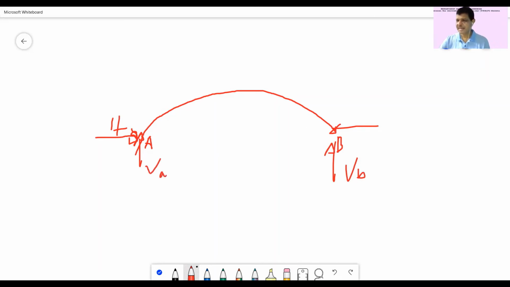These two horizontal reactions can be taken as the same value, as you have seen: this is H and this is equal to H. Let this value be your rise. This value can be taken as YC or Y, any value can be taken.